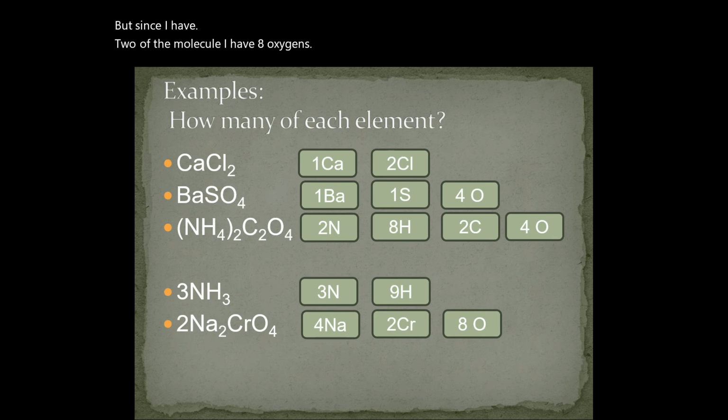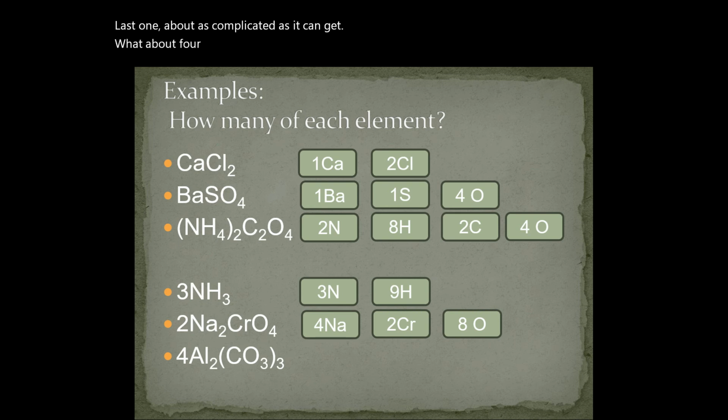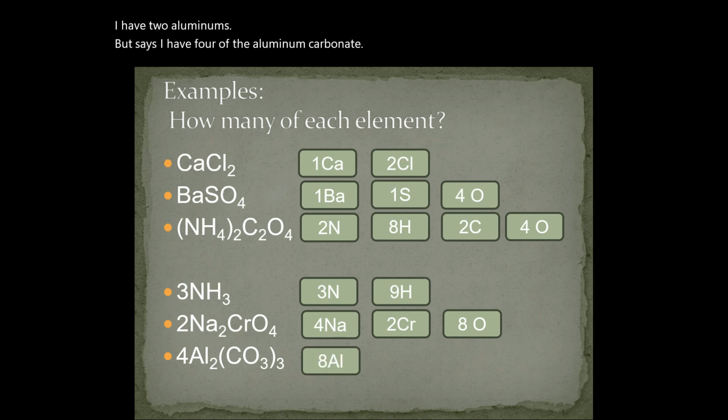Last one, about as complicated as it can get. What if I had 4 aluminum carbonates? Okay. In the formula for aluminum carbonate, I have 2 aluminums. But since I have 4 of the aluminum carbonate, I have 8 aluminum atoms. Keep moving across.